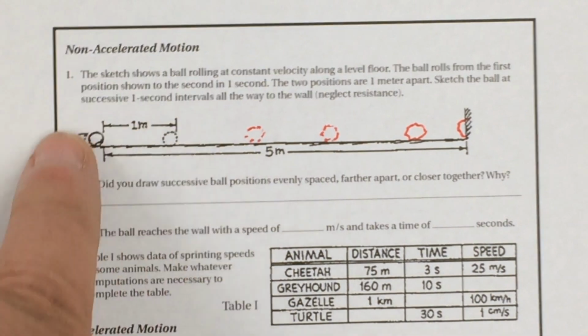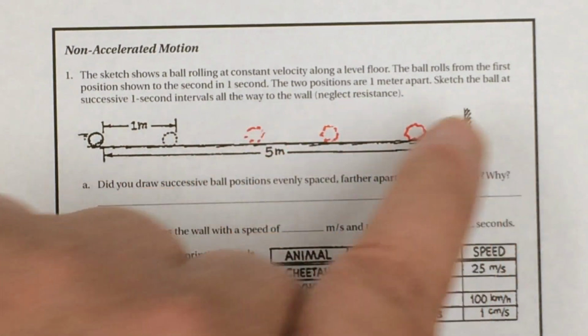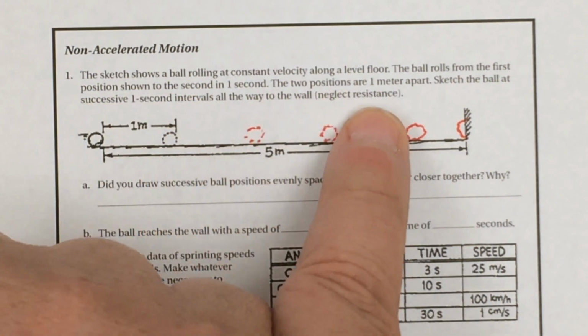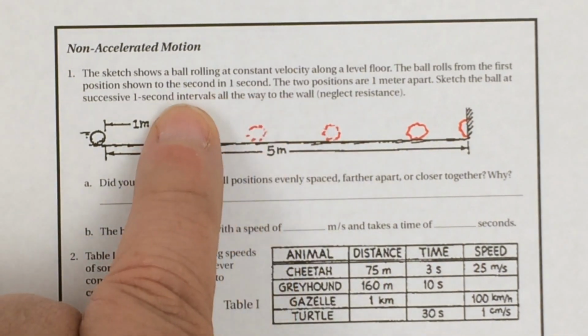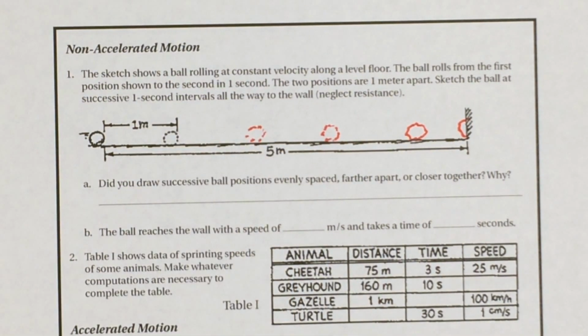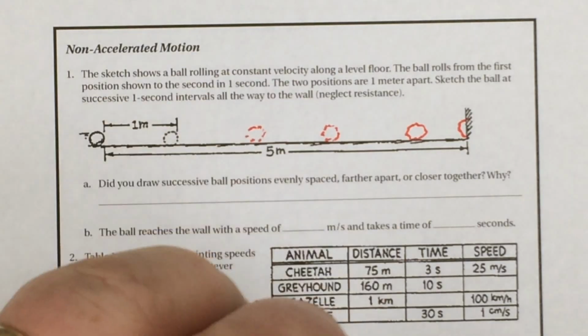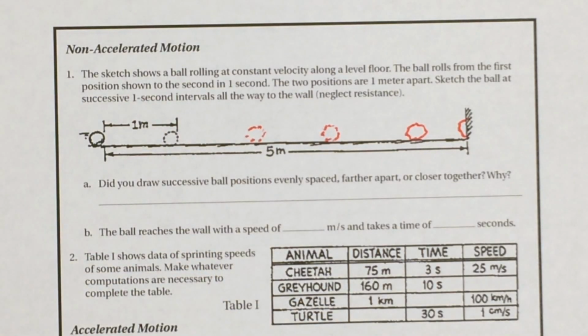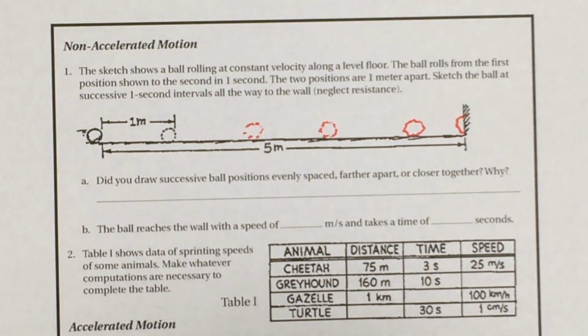So these are successive time intervals, and the distance interval, if I did it right, would be the same also. If they were closer together, that means it's covering less distance, so it's slowing down, and if it's moving farther apart, it's covering more ground, and so that would be speeding up.